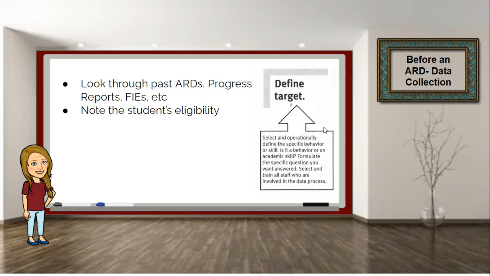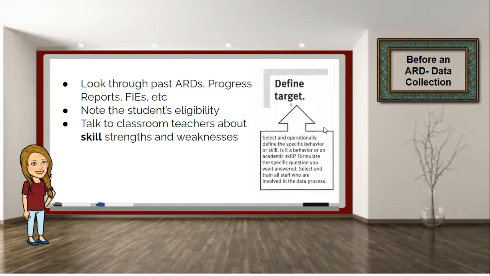For example, if a student has a math calculations learning disability, you would know that you focus your data collection on math. The visual to the right points out that you will want to separate academic and behavior skills when collecting data.